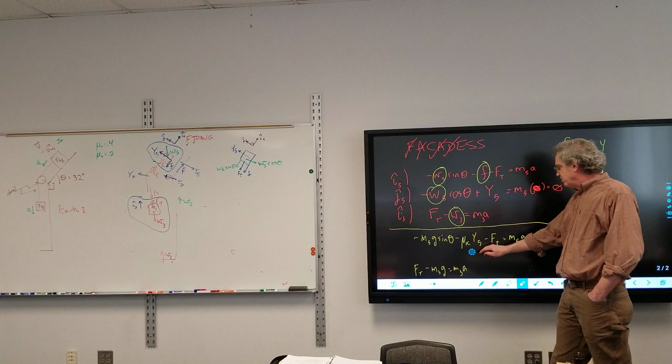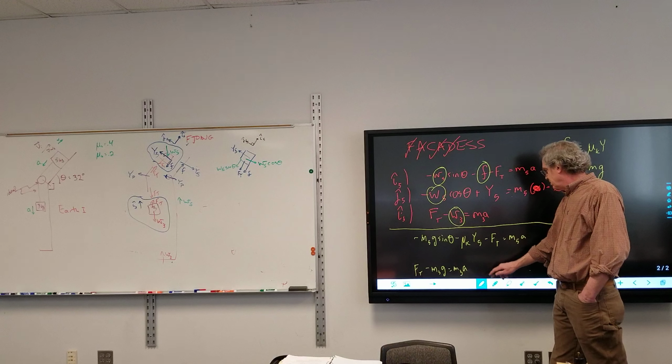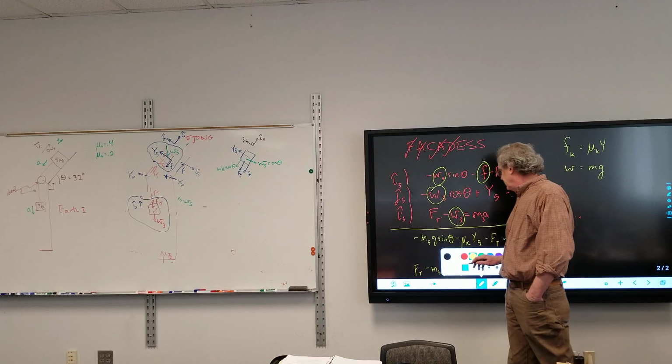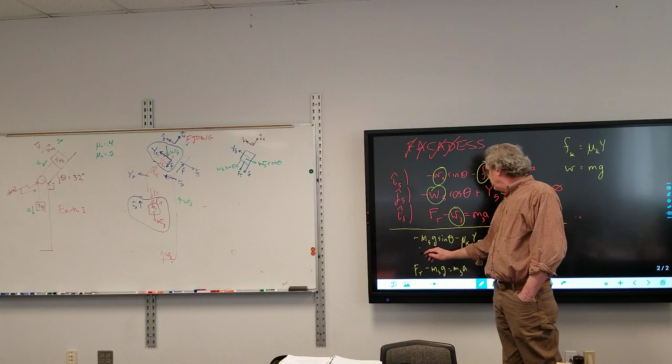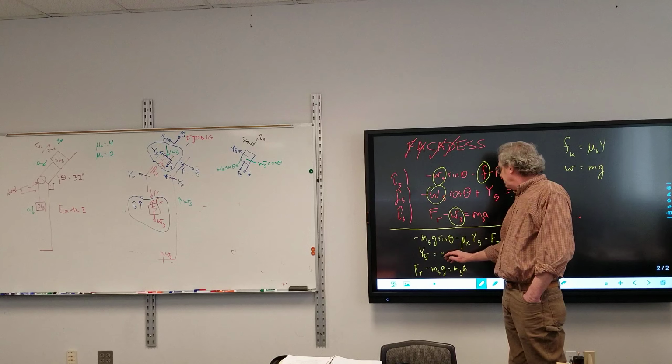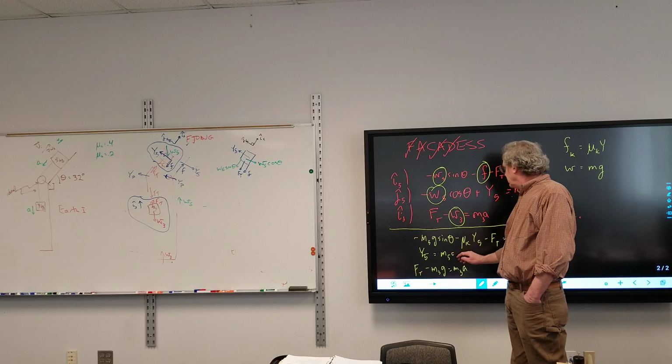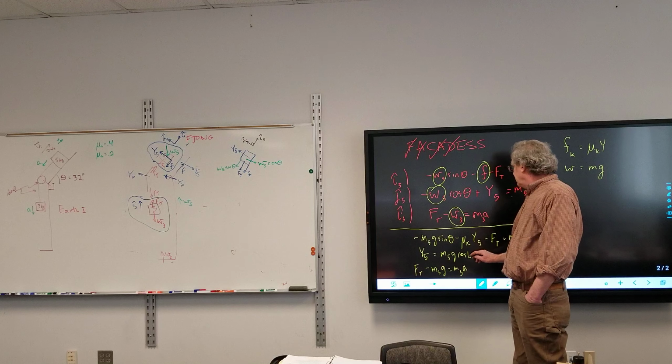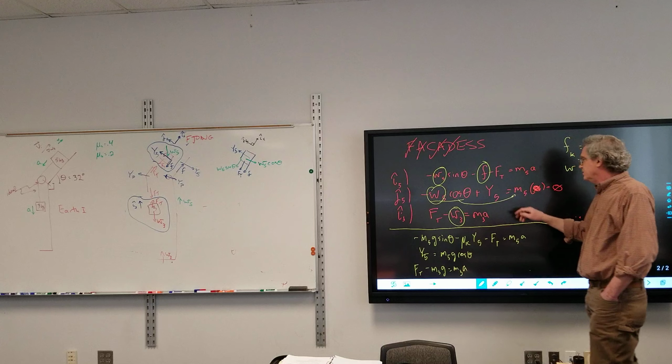If you have it written down, don't feel the need to rewrite it yourself. So we have Y5 equals M5 cosine theta, if we just add that to both sides. Right.